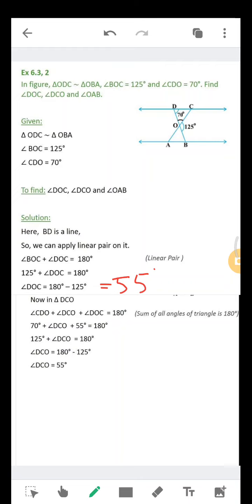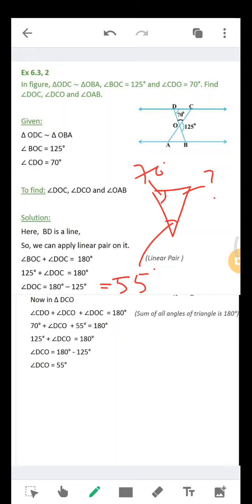Next, in triangle DCO, I got DOC as 55. Now in this triangle, DCO is the unknown, this is 70 degrees and this is 55 degrees. We can find the third angle by using the angle sum property, that is, the sum of the angles of a triangle is 180 degrees.